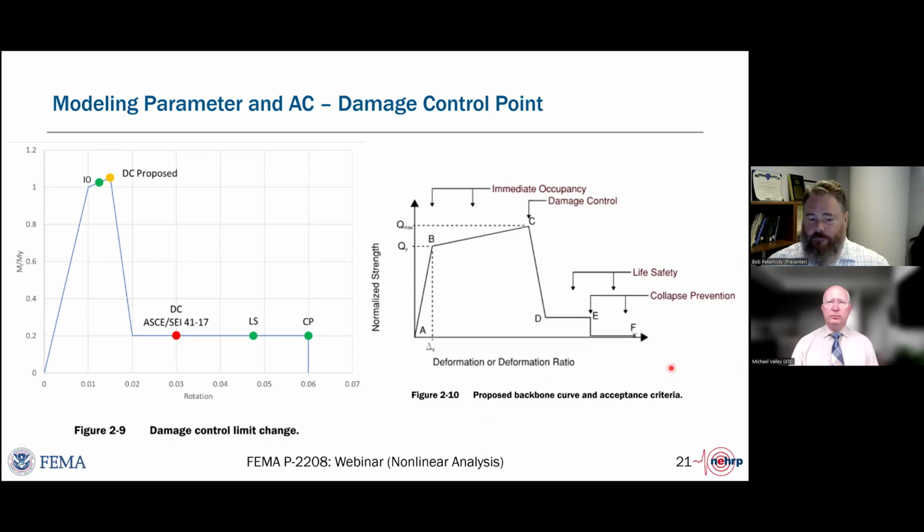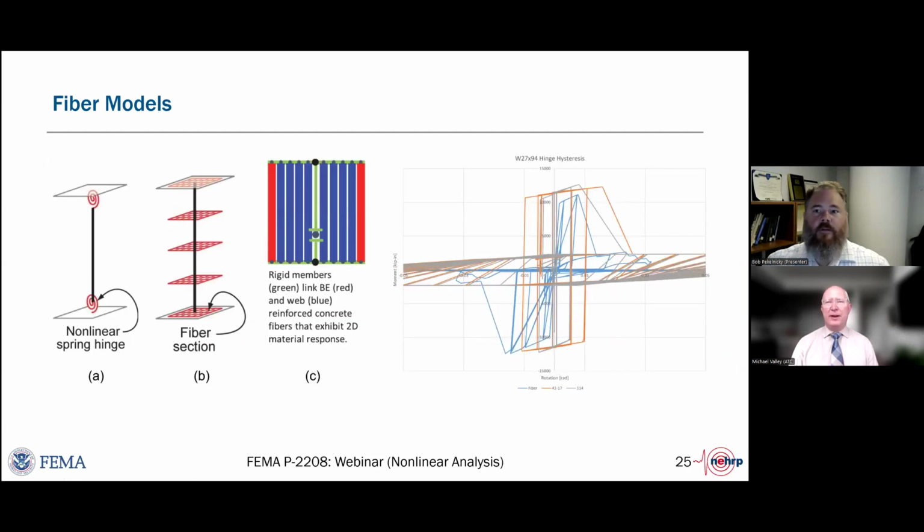We've got a couple of related questions on fiber models. The first question is, can you give some examples of how a fiber model should be calibrated? There's some discussion in the commentary, but it really points you back to the ATC 114 series of reports.